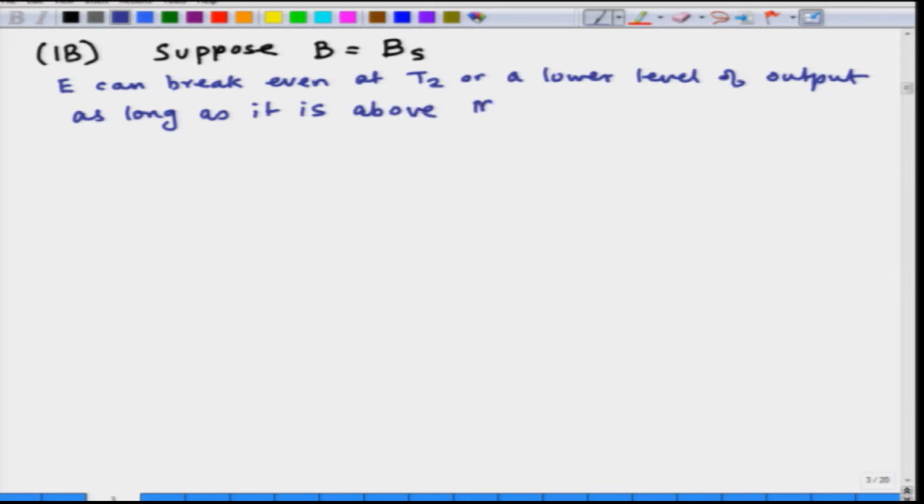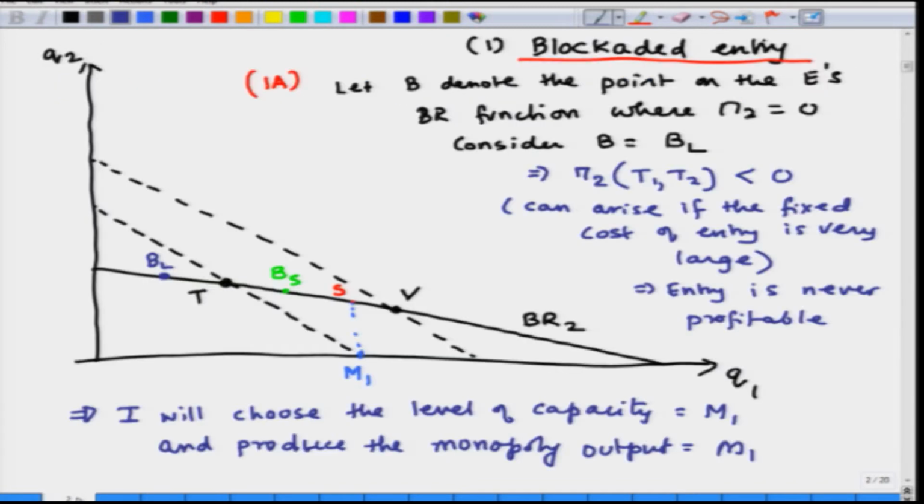Recall, this is T2 and this is M2. So, the entrant can break even at a level of output Q2 which is at T2 or lower than T2, but above M2.